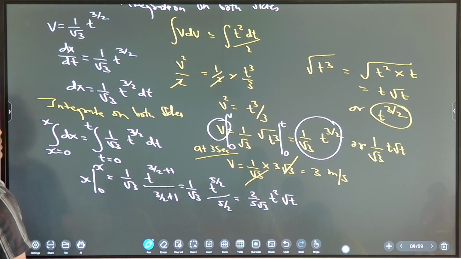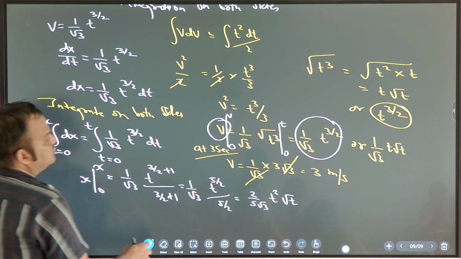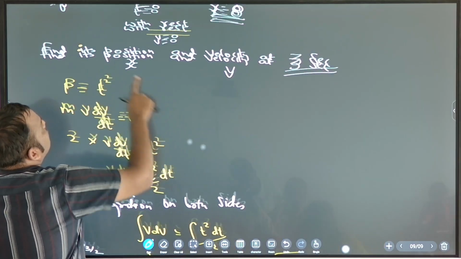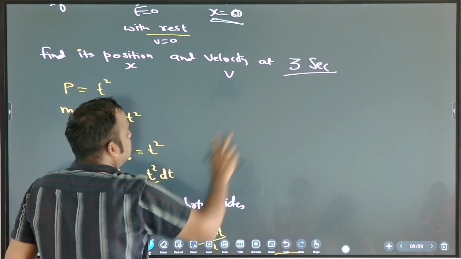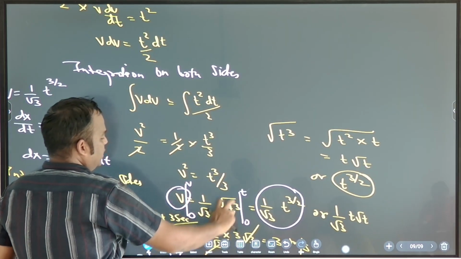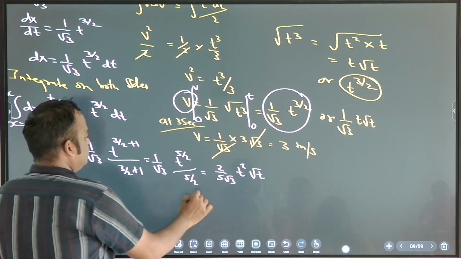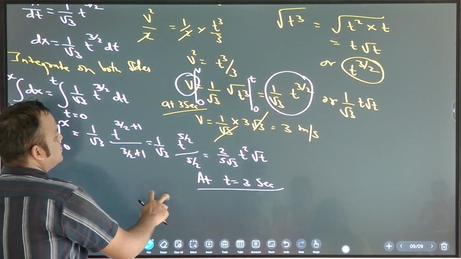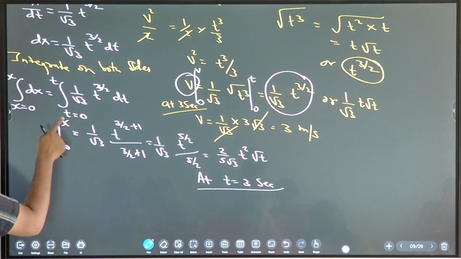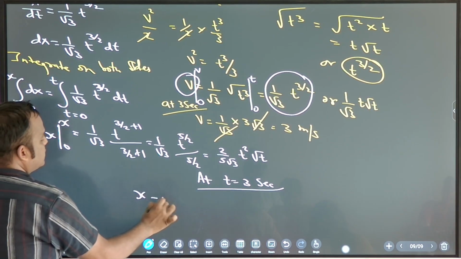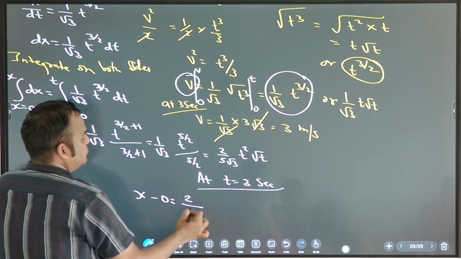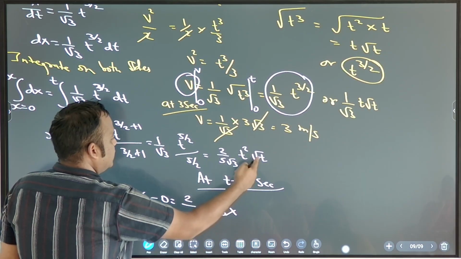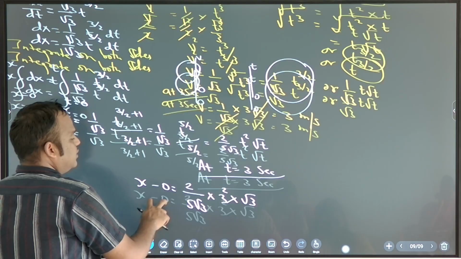Now at what time is position asked? 3 seconds. Read the question again: find its position and velocity at 3 seconds. So put t equal to 3. At t equal to 3 second, x minus 0 is equal to 2 by 5 root 3 into t square root t, which is 3 square root 3.